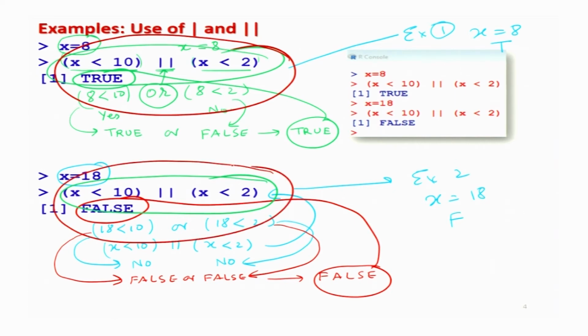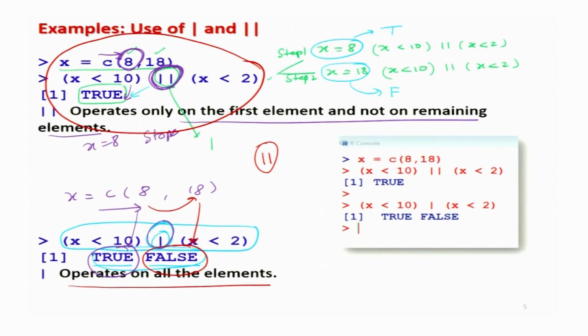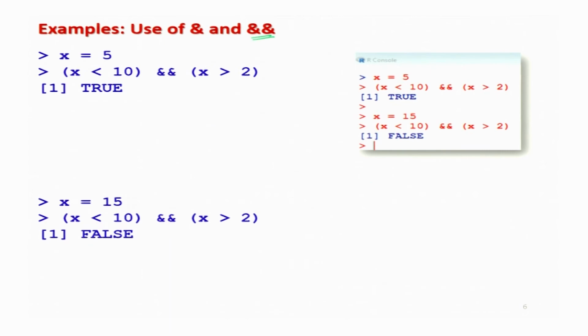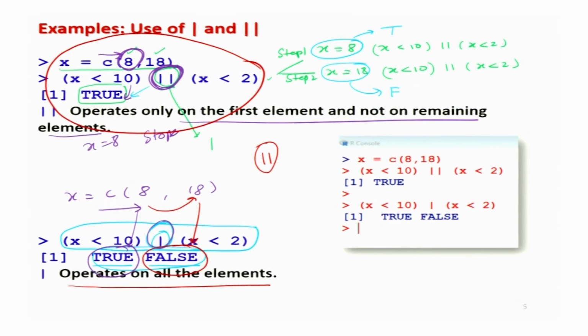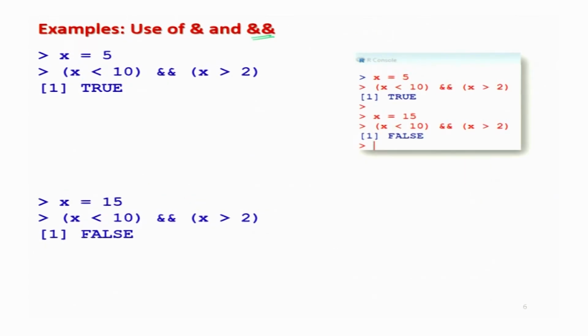The answer is very simple: in the earlier example you were considering only one value, that is why you could not find whether R was creating any trouble. But as soon as you came to a data vector with more than one value, you found that this double symbol creates a problem.